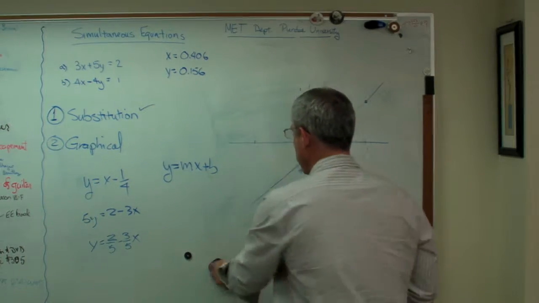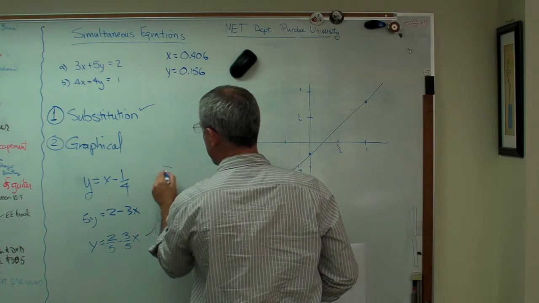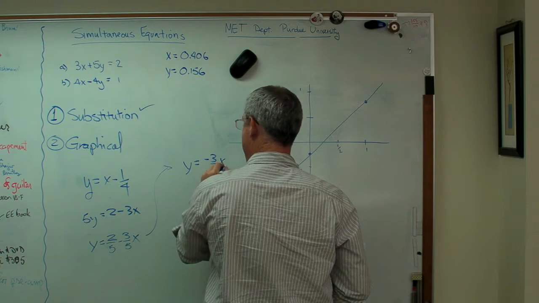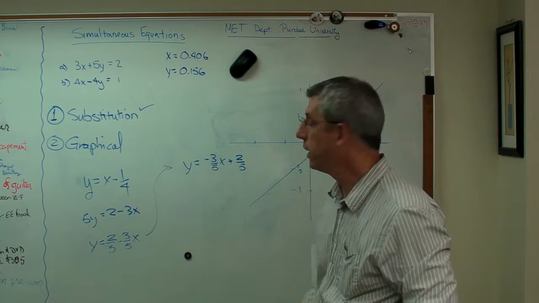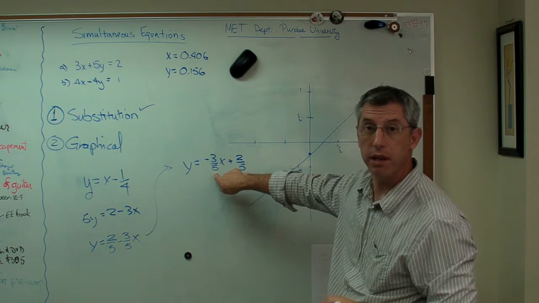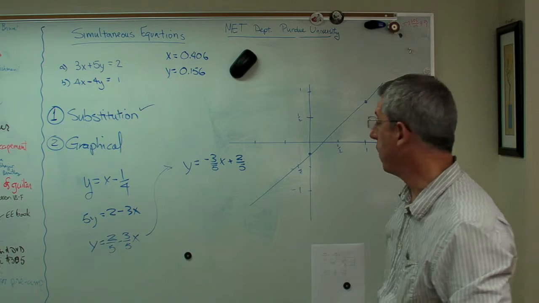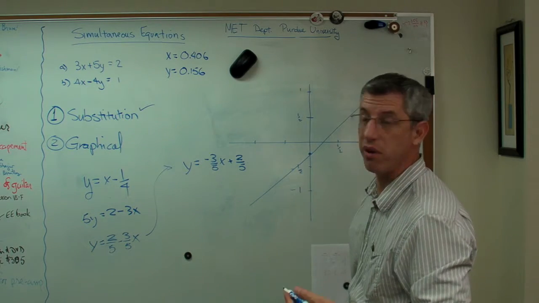All right, and I'm going to write that out one more time in this y equals mx plus b form. y equals minus 3 over 5x plus 2 over 5. Okay, same thing. There's the slope. Slope's negative now, so it's going to slope down as I go to the right. Plus 2 over 5. Well, if x equals 0, then y equals 2 over 5, which is 0.4.